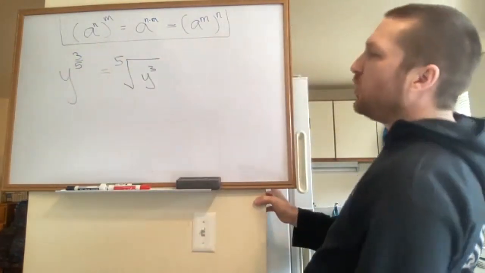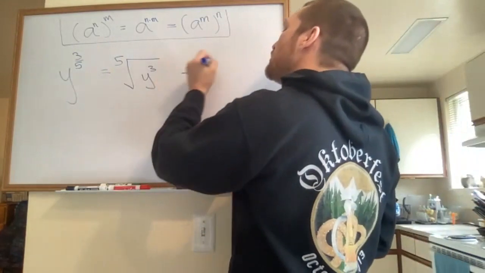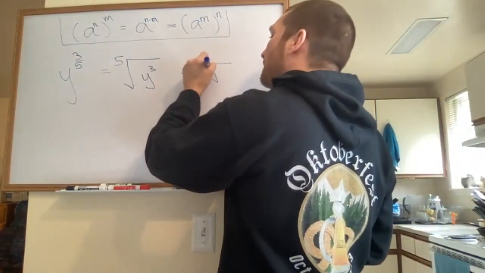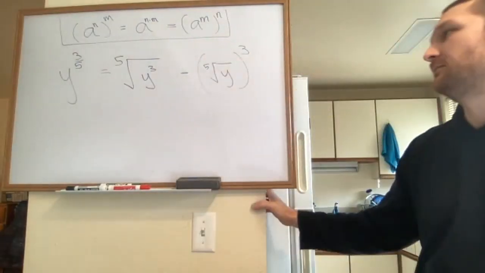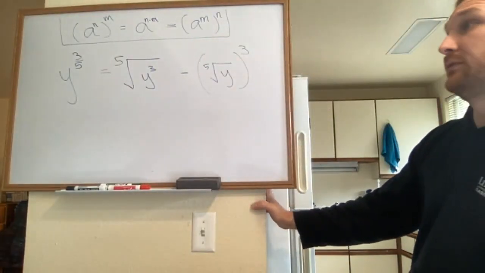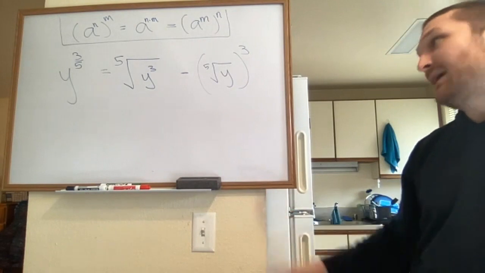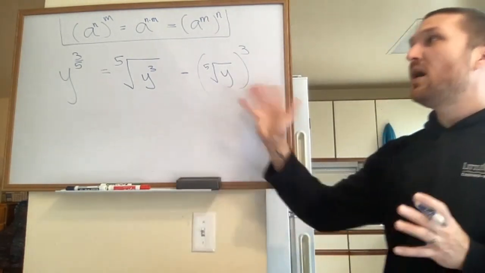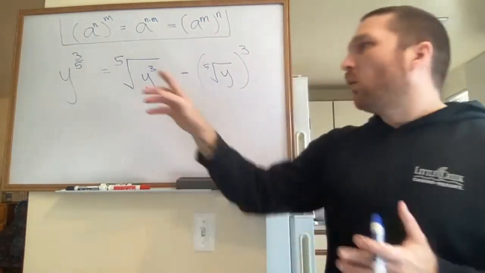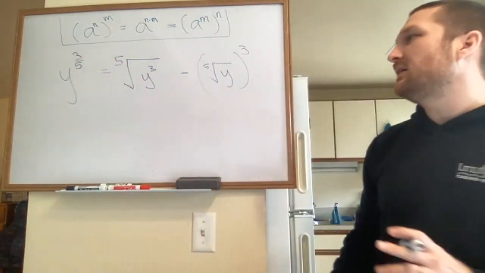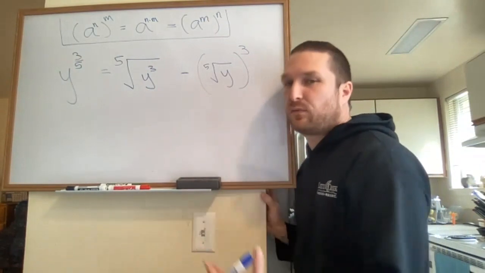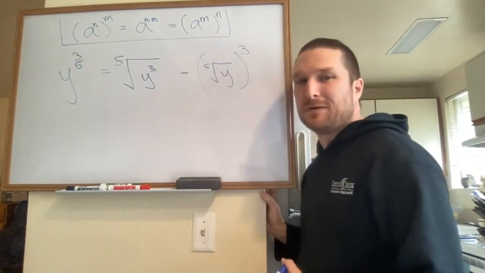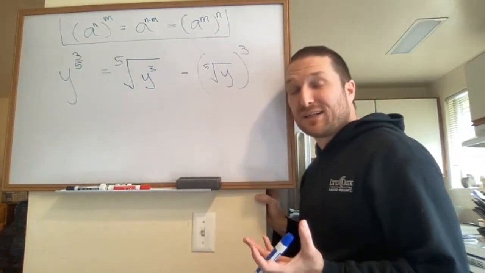If you're so inclined, you could swap the order of that and do that type of thing right there. That's also true. And maybe sometimes that'll be nice for you. Like if, for instance, y happens to be 32, because I know that the 5th root of 32 is 2, then that might make your life a little bit easier.